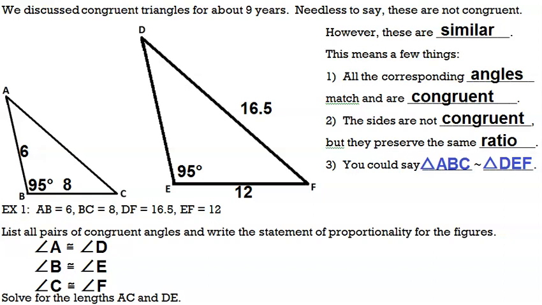So what that means is the ratio of AB to DE is going to be the same as the ratio of BC to EF.